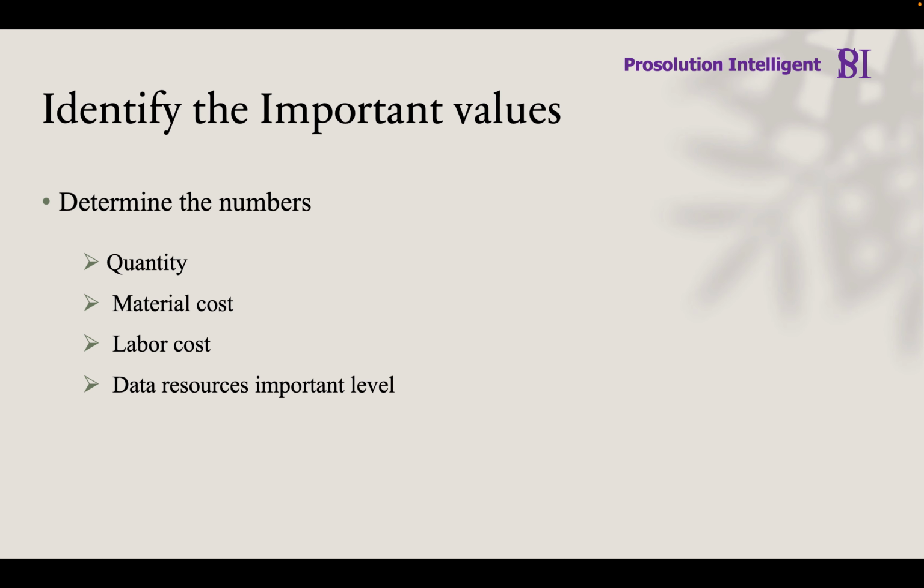So, for example, if the problem was reported by a customer, you will give that kind of resource a higher score because you don't want the problem to go to the customer.